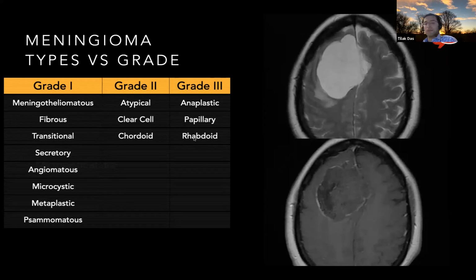And so the next question is, if you have a look at these images, there's nothing on Paxman for this, but the next poll question I'd like to ask you is, what type of meningioma do you think this is? You've got many choices, but here is a very heavily T2 intense mass.